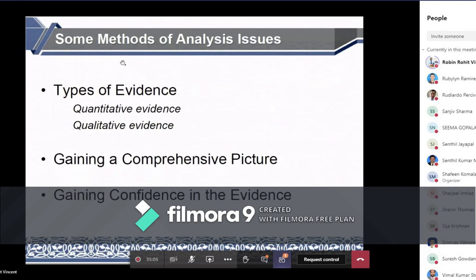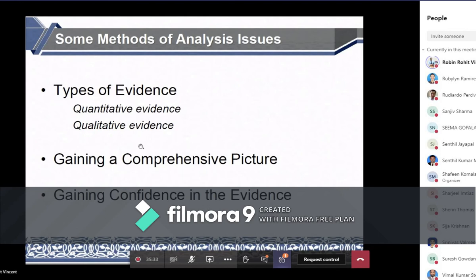Now, let me just talk about evidences. Evidence can be anything. It could be qualitative or it could be quantitative. We don't mind. The evidences produced by a particular activity can be qualitative or quantitative, but it should be achieved by a particular process. It cannot come like that.